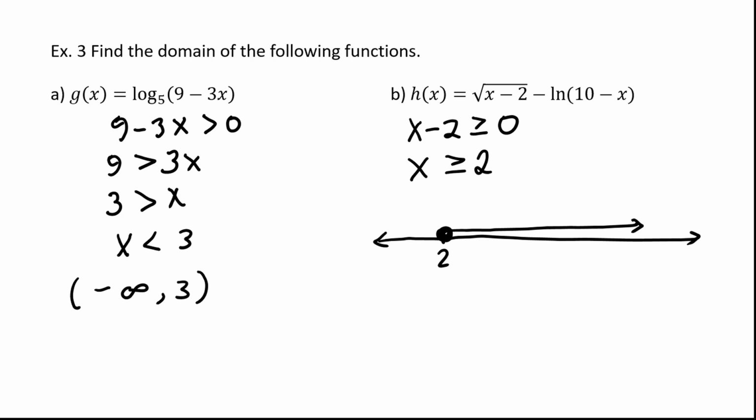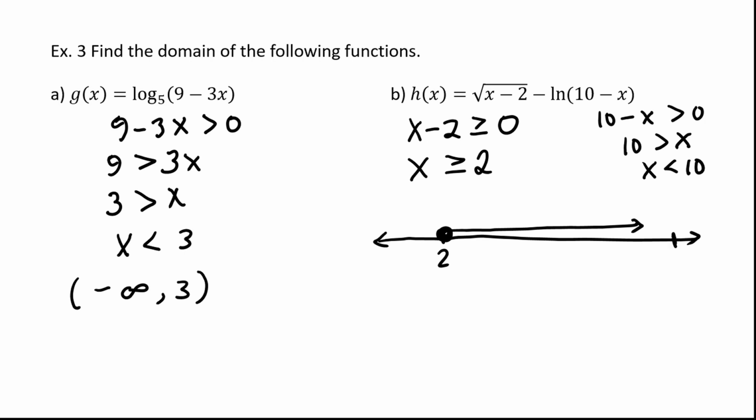Now let's look at the logarithm. The argument is 10 minus x, and the requirement for the domain is that it has to be strictly positive. So let's solve for the x, and we get that 10 is greater than x. Again, I prefer to see my x's first. I'm going to write this as x is less than 10.